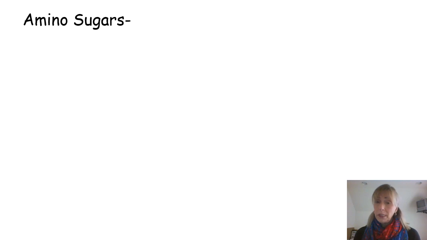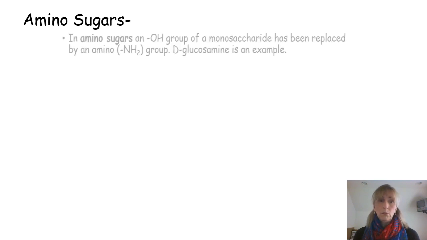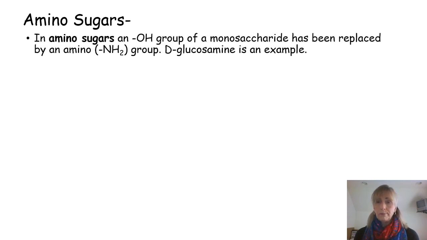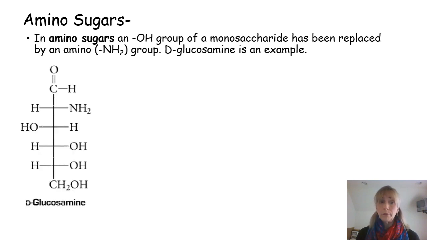All right, we move on to amino sugars. In amino sugars, one of the OH groups of the monosaccharide has been replaced with an amino group. Remember what an amino group is, an NH2 group. D-glucosamine would be an example of an amino sugar. So here we see D-glucosamine.